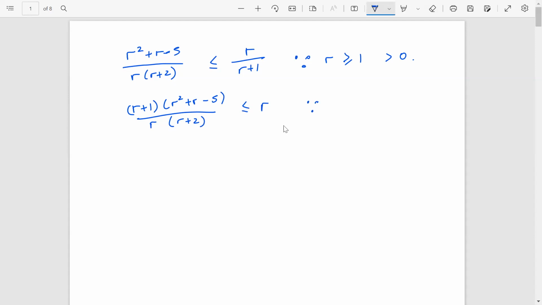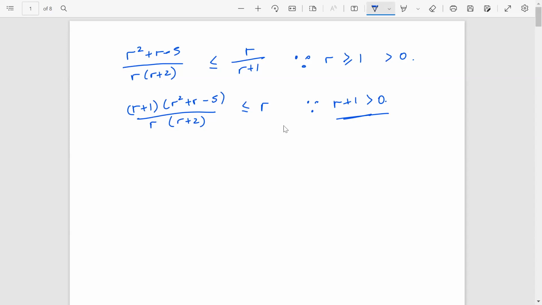Again, because r plus 1 is greater than 0. So this is explaining why no change in sign.